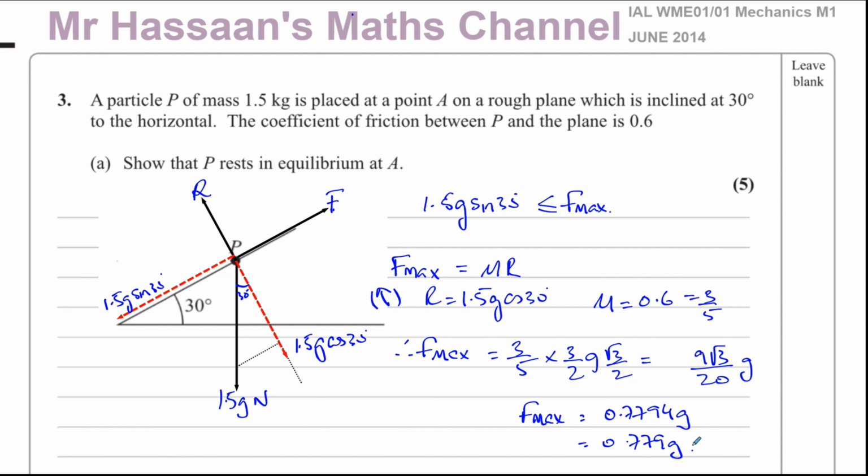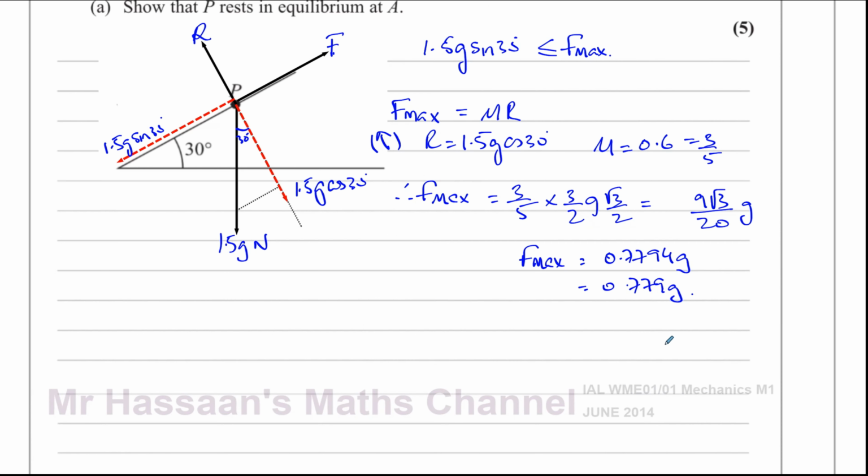That's F max. And then we've got to work out what 1.5 g sine 30 is. 1.5 g sine 30 is going to be 3 over 2 times g times a half, which is 3 over 4 g, which is 0.75 g.